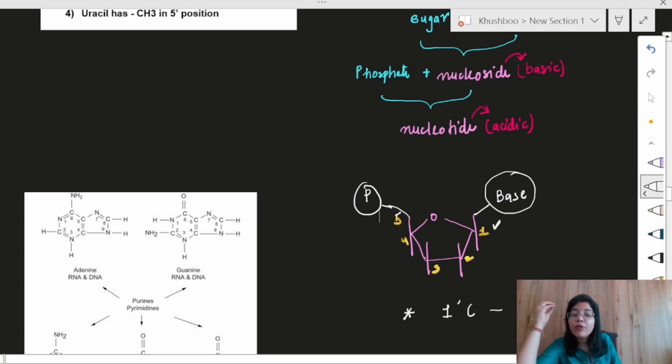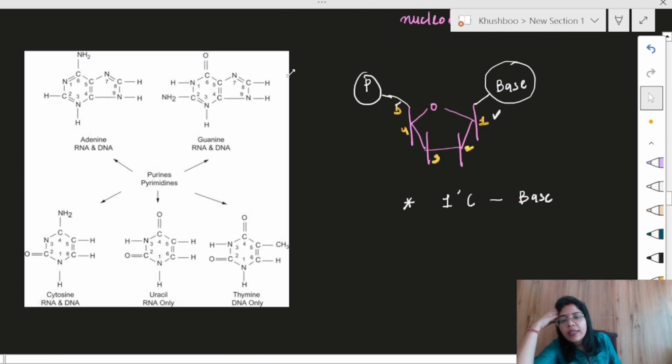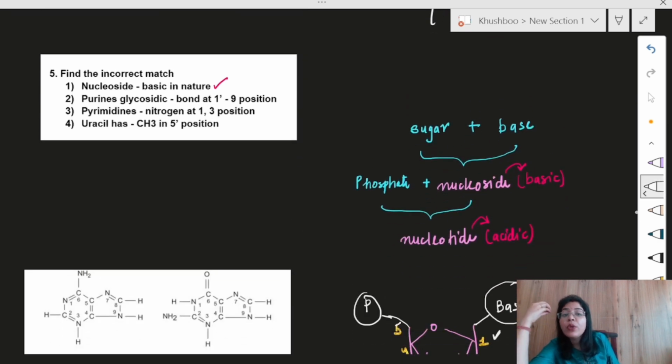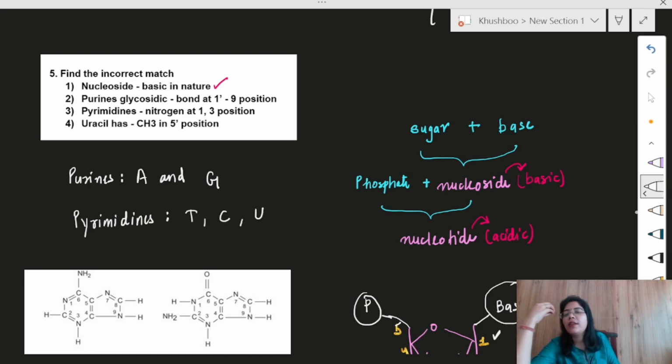But in NCERT, they have not mentioned which position from a base will be interacting with the first carbon of the sugar. So here, in case of purines, okay, what are purines? Purines you all know, adenine and guanine are purines. And what are pyrimidines? Pyrimidines are thymine, cytosine and uracil, right?